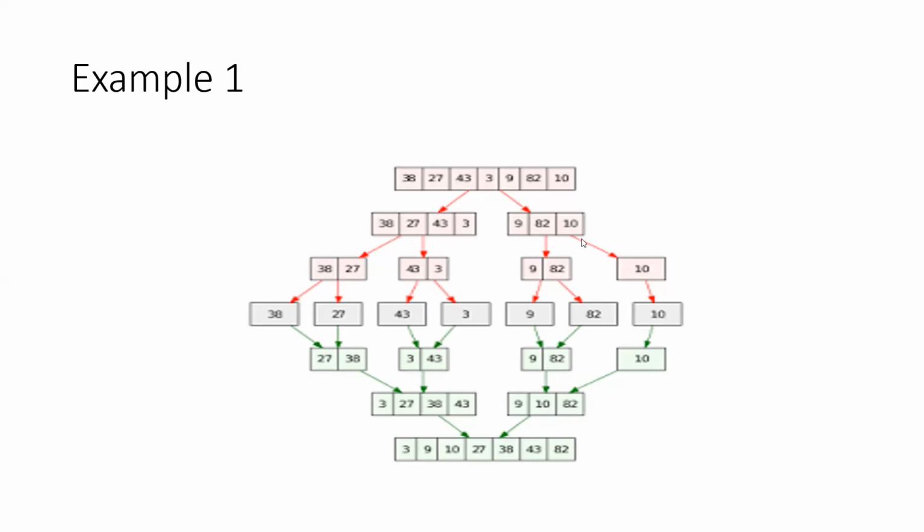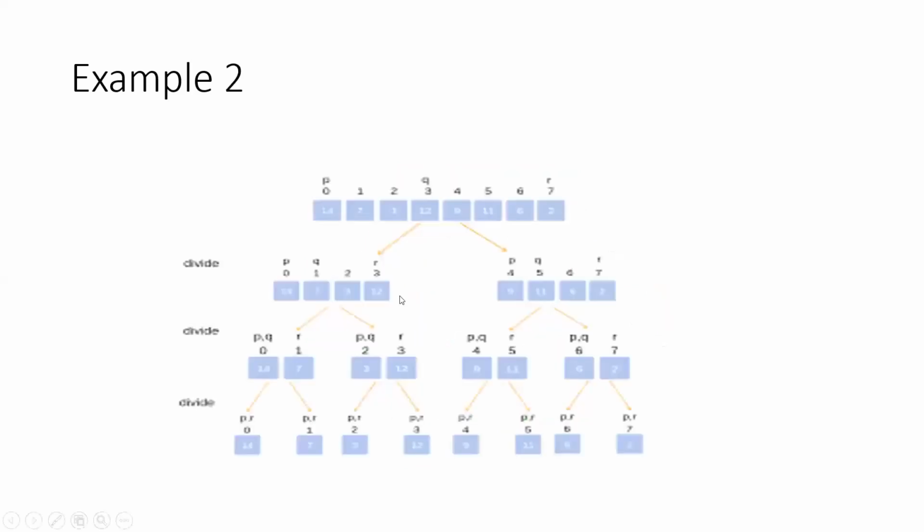So I have one more example related to it. So this is our example. These are the elements. The list will get divided into two equal halves because there is an even number of elements, and it will keep on dividing until we have a single element, and then we will apply the reverse order.